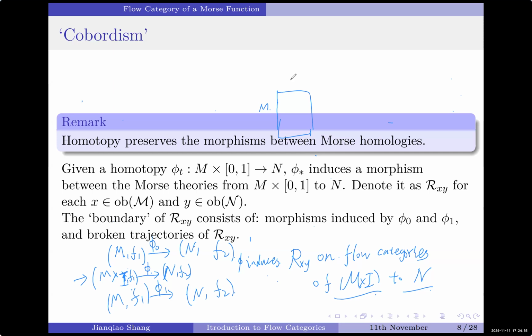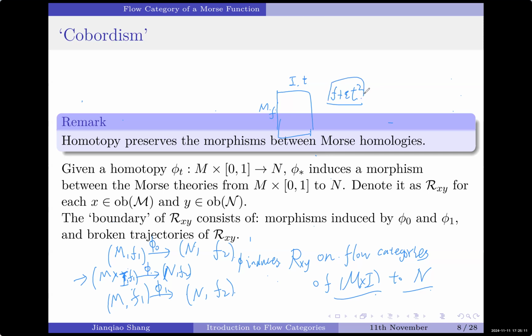This is M and this is your I. Here is f, and I use t to denote the I component. I should consider f plus epsilon t squared to make it Morse.